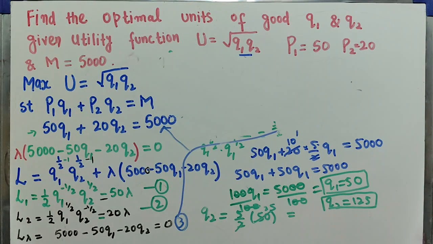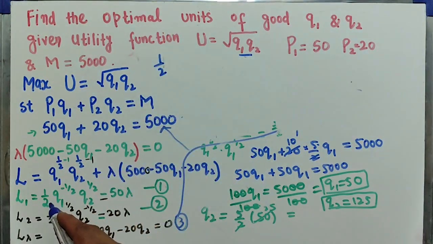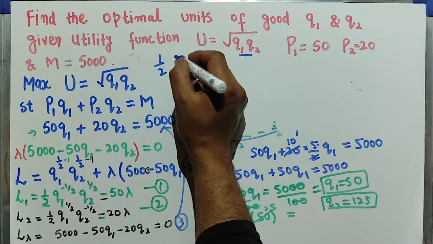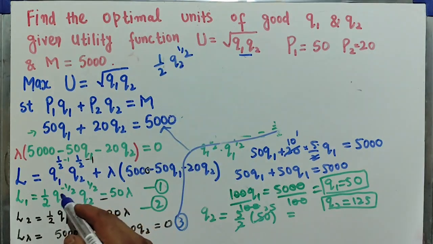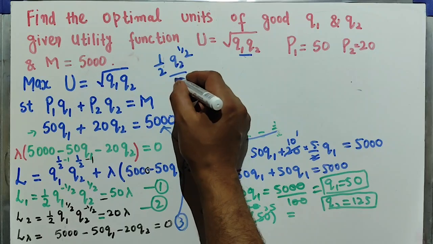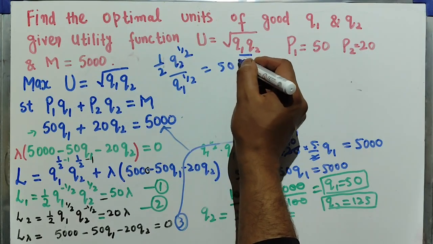That gives us 1 upon 2. Okay, then let me write Q2 first. So we have Q2 raised power 1 upon 2. Transposing this to the denominator, it becomes Q1 raised power 1 upon 2 should be equal to 50 lambda.